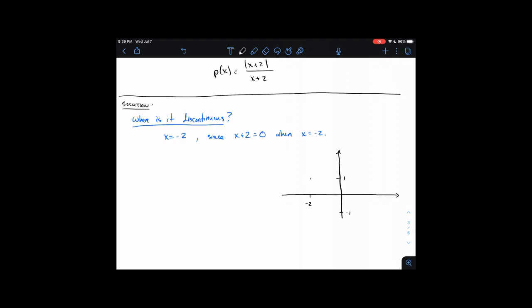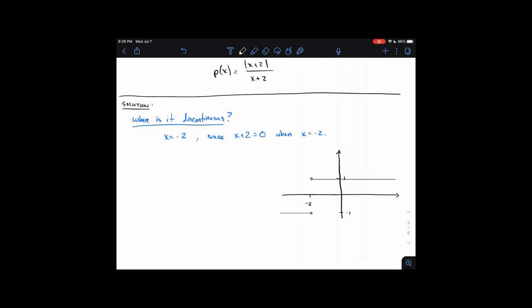We're undefined at -2. What happens is this function goes like this, and then this. Really this function looks kind of like 1, because the x plus 2 should just cancel the x plus 2 on the bottom. That's essentially what's happening, except that there's this absolute value.